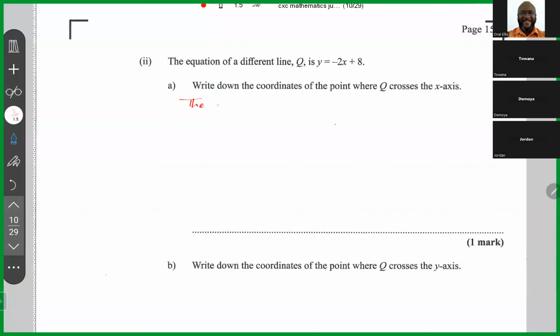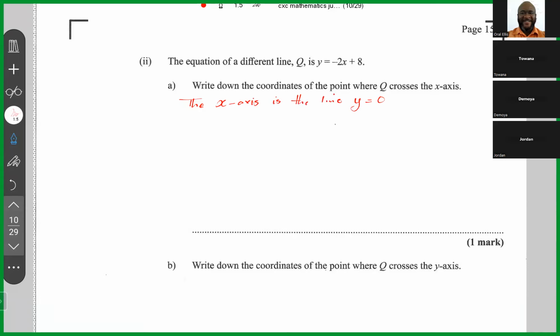I didn't need to write it, but I'm writing it for teaching purposes. So the line y is equal to 0 has a special name. It is called the x-axis.